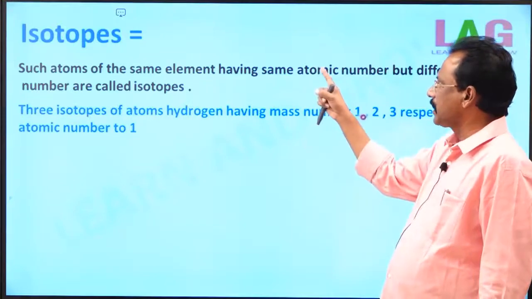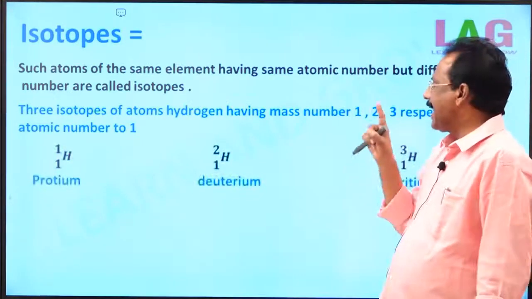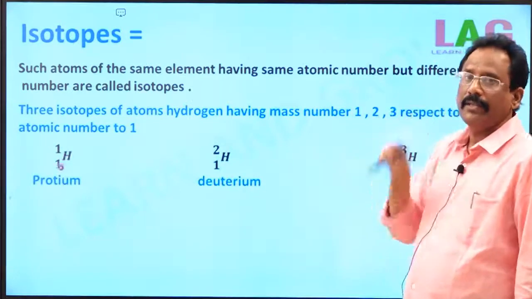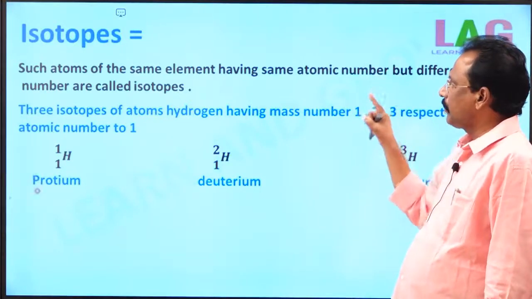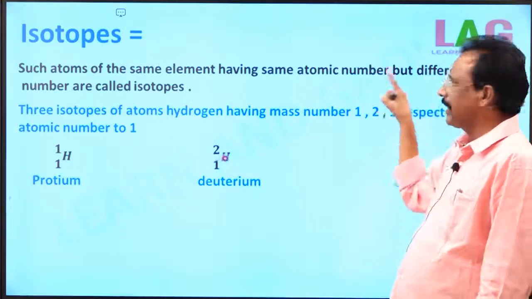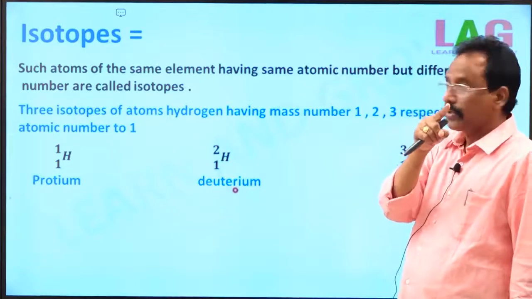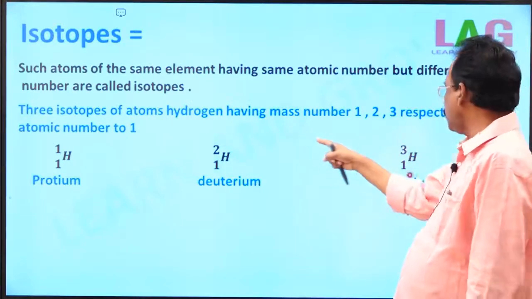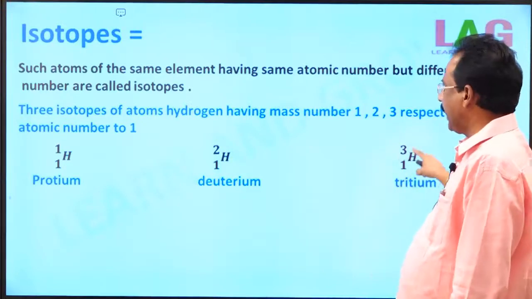Now the first one is isotopes. Isotopes are defined as atoms of the same element having different mass numbers. For all the isotopes the atomic number is the same, that's why their chemical properties are also the same. For example, hydrogen has 3 isotopic forms: protium, deuterium and tritium.